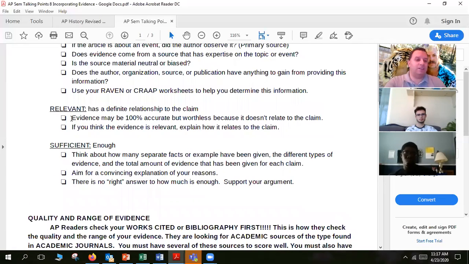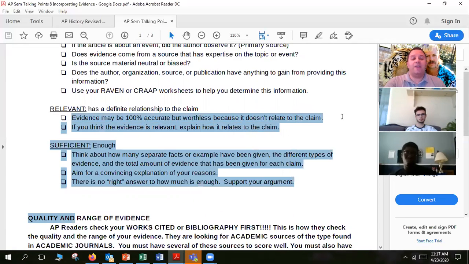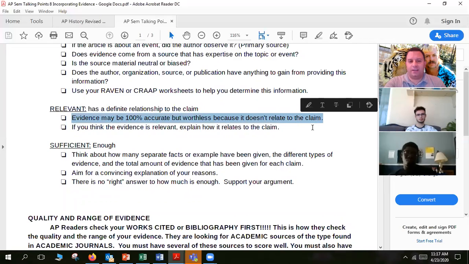And so like it says here, this first bullet point, the evidence might be 100% accurate, but it could be worthless to you because it doesn't relate to your claim. If it doesn't relate to your claim, it doesn't matter how accurate, how peer-reviewed, how credible it is.